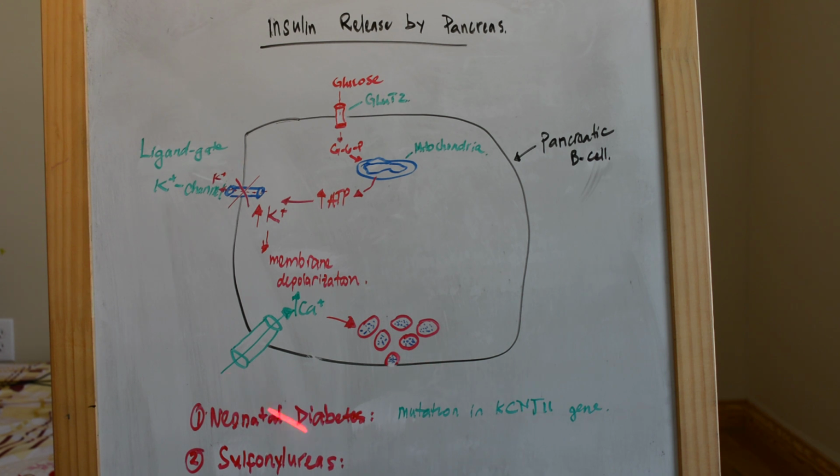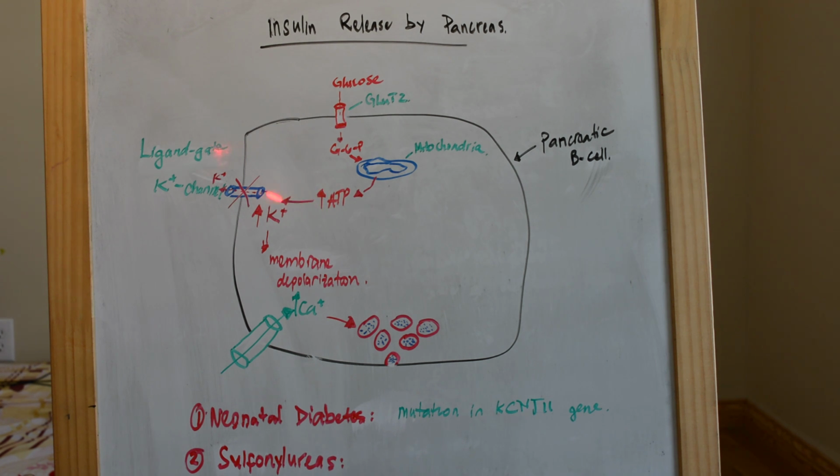So to recap the whole thing really quick, regulation of insulin release by the pancreas, more specifically the pancreatic beta cells, and we have the three channels right here: the GLUT2, the potassium channels, and the calcium channels. When there's an increase in glucose, it comes in and undergoes glycolysis, increasing ATP.